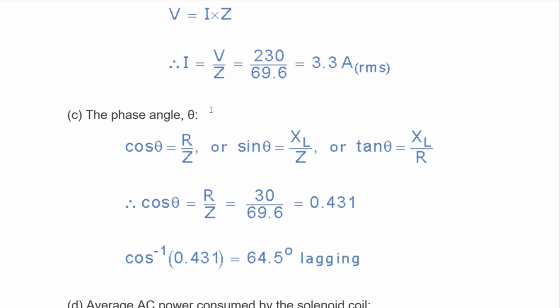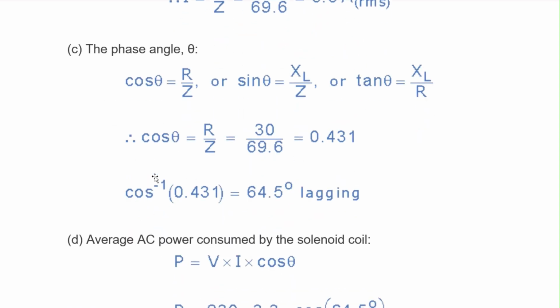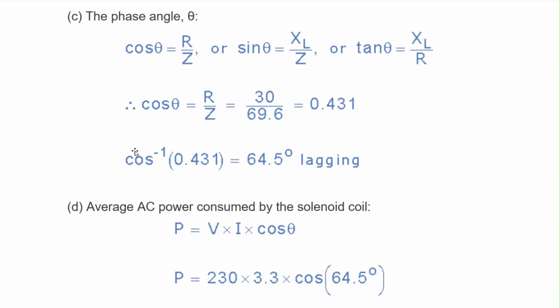The phase angle theta: cos theta is equal to R upon Z. This is from the formula that we have already studied. So sin theta is equal to XL upon Z, and tan theta is equal to XL upon R. You can use any of these. So cos theta equal to R upon Z, 30 by 69.6, and that is 0.431.